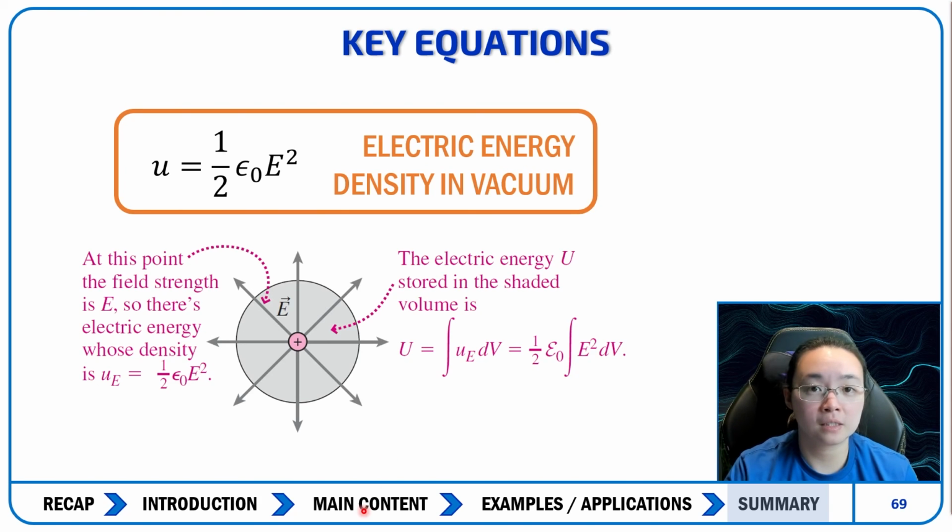Because it provides us with a different view of electric energy, we view it as the electric field having a certain amount of electric energy versus an object having a certain amount of potential. So if we ever want to calculate the total electric energy stored within a certain volume, we can always integrate it.